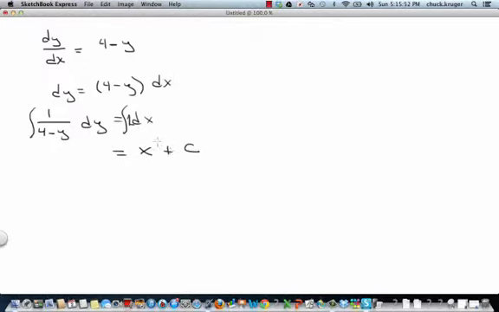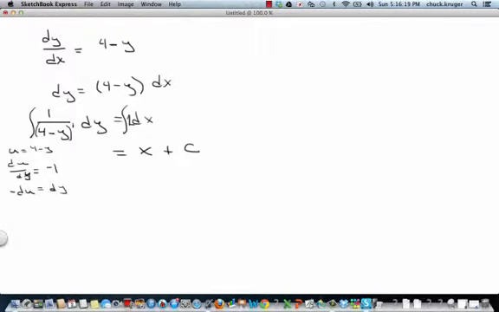If you take the derivative of this, I should get 1. Now what do I have here? Well, I think I got the natural log again. And if I'm not sure, I'm going to make u equals 4 minus y, du dy is equal to a negative 1. That means a negative 1 du is equal to dy.